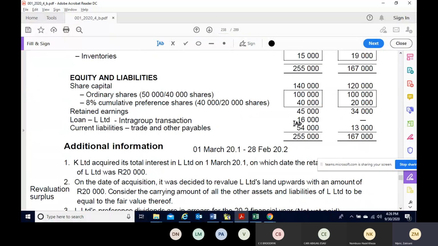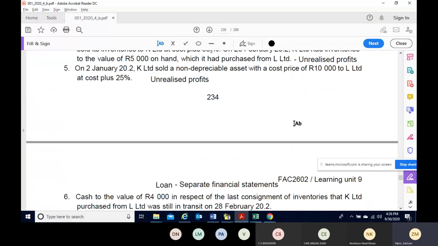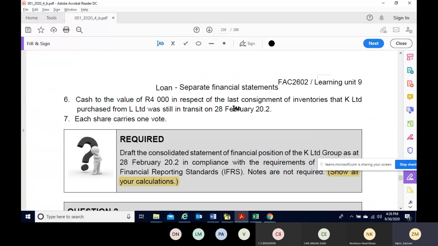It becomes the first journal, before the pro forma journal entries, to increase the 16,000 by the 4,000. It's something we will discuss again. We are also told that each share carries 1 vote.